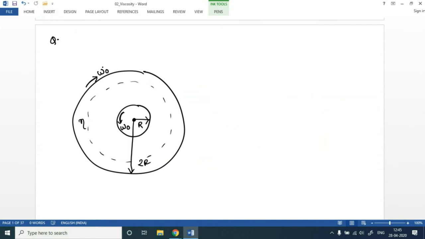In this question, the first thing we need to find is the torque. The torque experienced by each layer will be the same as the torque experienced by the inner cylinder as well as the outer cylinder due to the liquid, so an equal and opposite external torque we need to apply on either the inner or outer cylinder. The second thing is the angular velocity profile, omega as a function of r.